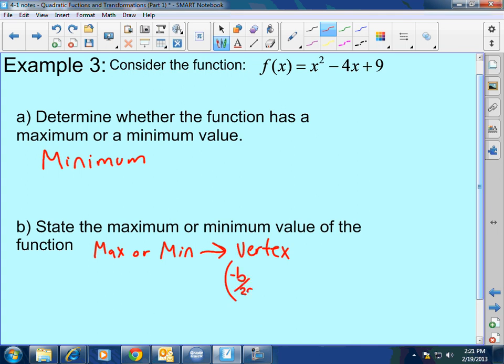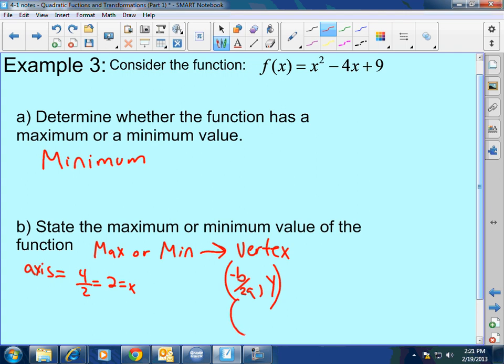It's the negative b over 2a value for the x, and then the y value once you plug that x in. So for this particular case, whenever you have to find the vertex, you're going to have to find the axis of symmetry first. So the axis of symmetry is going to be negative b over 2a, so that's x equals 2.